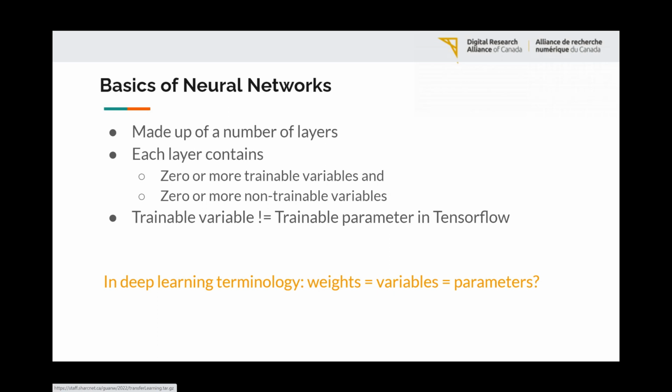So for example, in a dense layer, there are two trainable variables. One is weight, the other is bias. The weight itself is a matrix which contains multiple trainable or tunable parameters. So it's just some kind of terminology or jargon thing. So basically, they are quite similar.